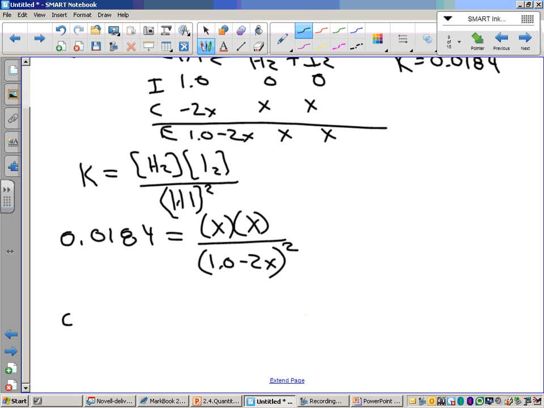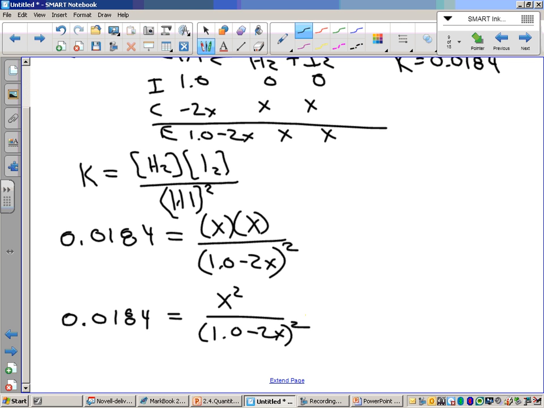Yep. So 0.0184 equals x squared over 1.0 minus 2x squared. Got a square on the top, square on the bottom. Now you could rewrite, but we don't have to. What can I do with this if it's a square on the top and a square on the bottom?